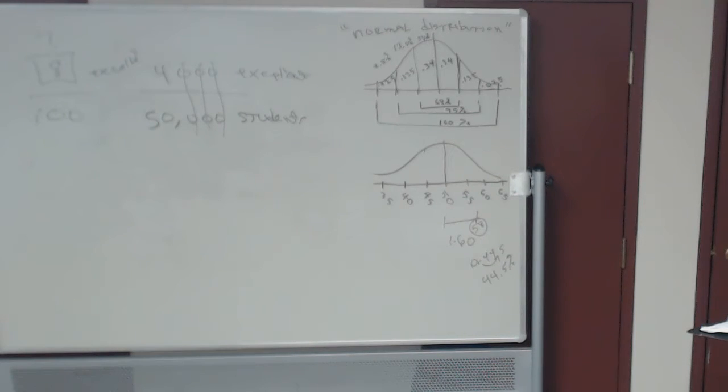What's the next one? 4 and 5. 4, comma, 5. Enter. And 5 and 5.8. 5, comma, 5.8. Enter. Submit the data.